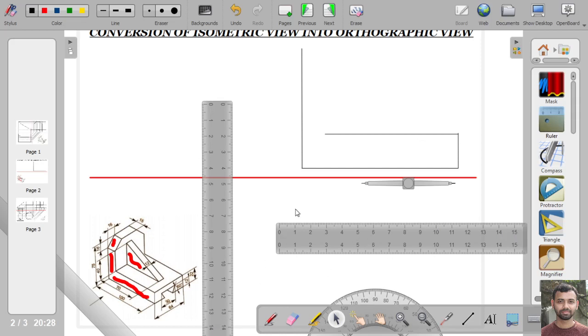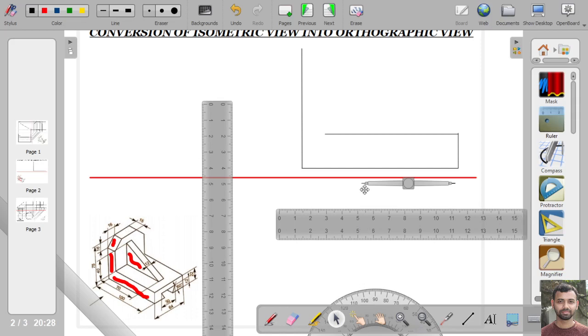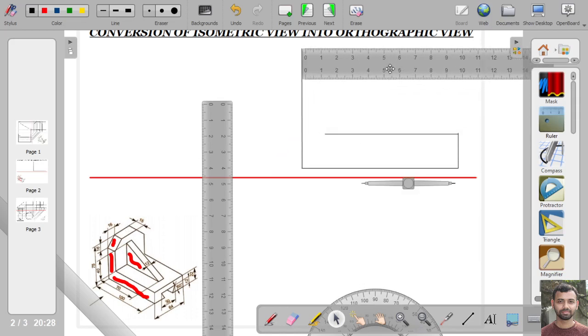Okay. So next is this vertical height. It is given as 40 mm. Sorry, this total height is given as 75. Okay, so we will draw that 75 mm. And before that, this height is given as 15 mm.